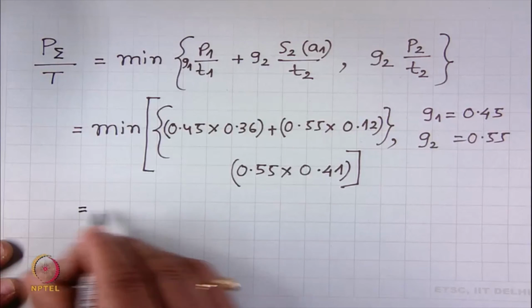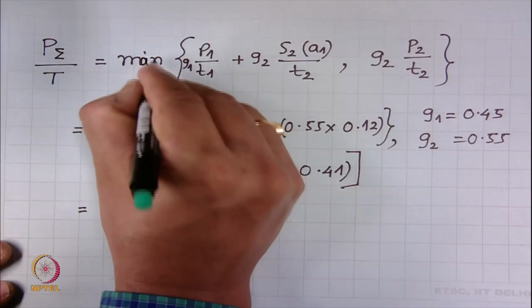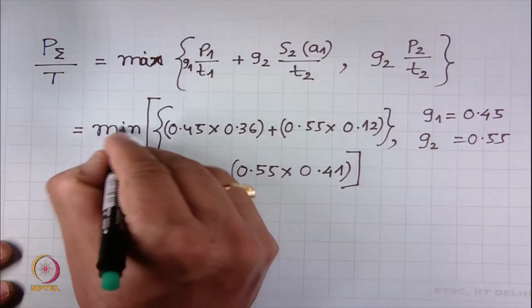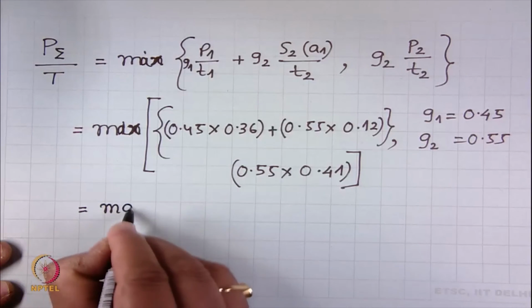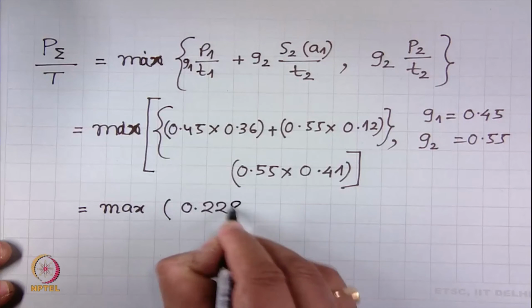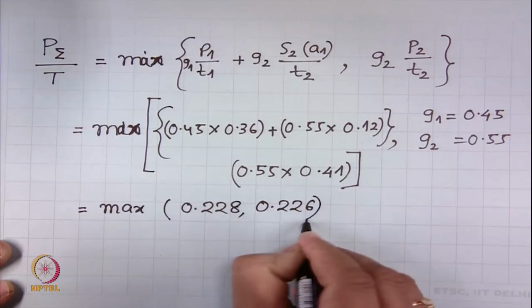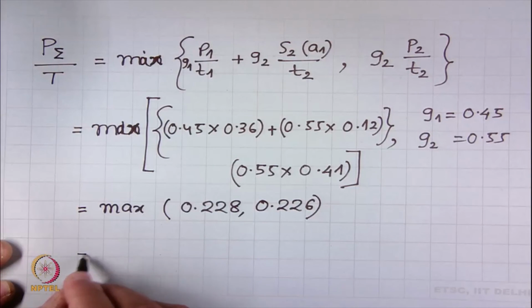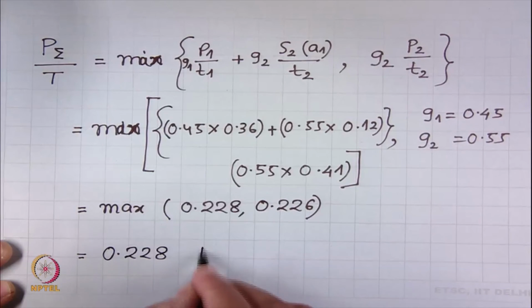We take the maximum of these two values. These two values will come as 0.228 and 0.226, so the result is 0.228 Newton per tex.